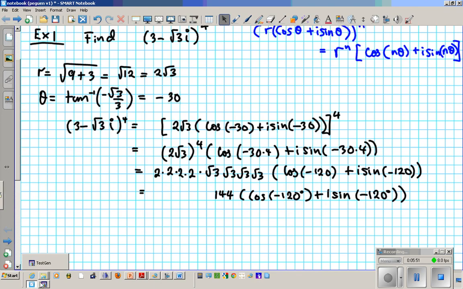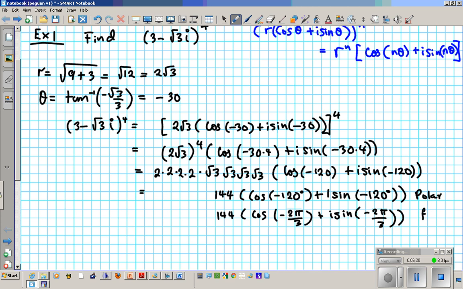So you could write it as 144 cosine negative 2 pi over 3 plus i sine negative 2 pi over 3. These are the answers in polar form. This top one is degrees, and this bottom one is radians. Either one you put is fine.